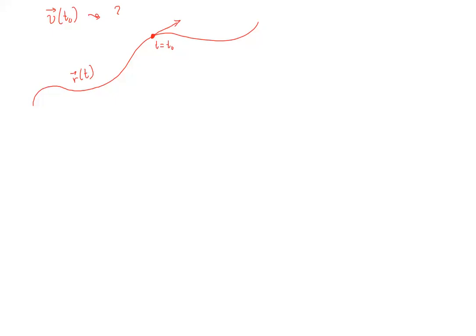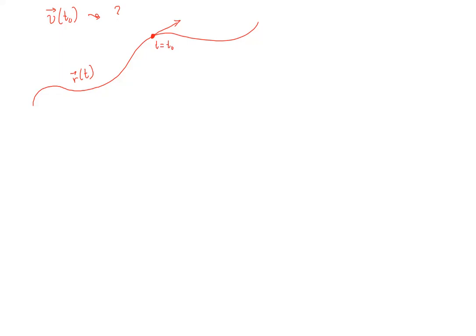And the answer is that from that point on, the moving object will just move uniformly. And the vector of that motion is nothing else but the velocity vector, and its direction is the tangent that we need.